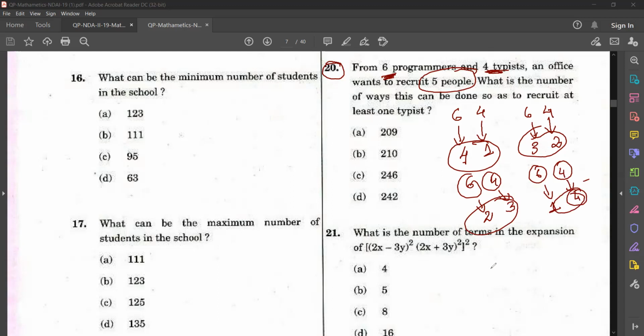Now convert that into an equation. From 6, 4 means 6C4 times 4C1, or plus 6C3 times 4C2, plus 6C2 times 4C3, plus 6C1 times 4C4.